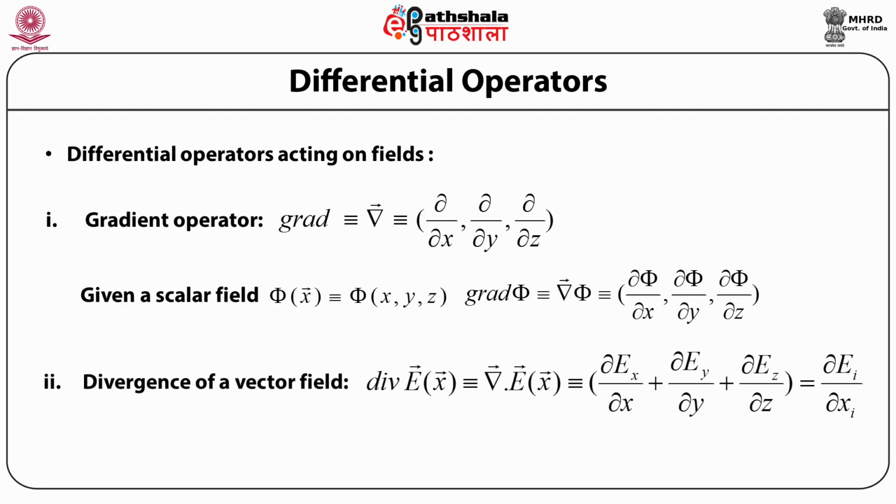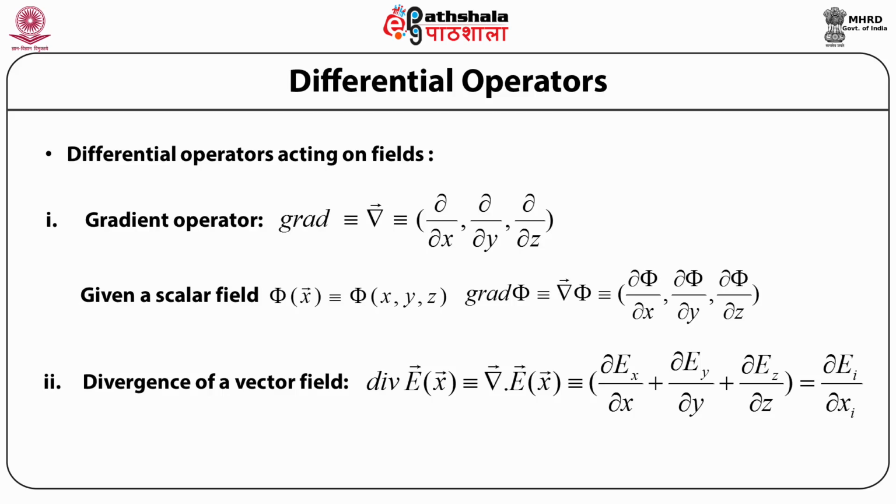The divergence of a vector field is defined as the divergence of the vector field E as a function of vector x, that is the scalar product of the del operator, or the gradient operator, with the vector field E as a function of the vector x. This is equivalent to del E_x by del x plus del E_y by del y plus del E_z by del z.